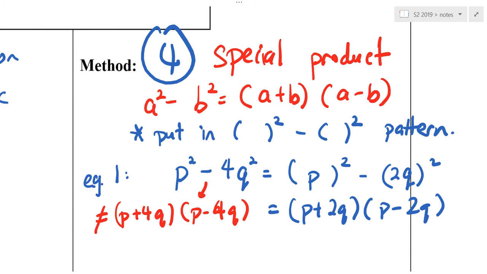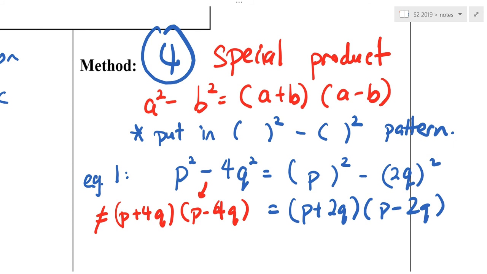It is wrong because the 4, there's no square. So how to make the 4 get squared? Put it inside a bracket. This one only means 4 times Q squared. This one means 2Q times 2Q. So there's a difference. Am I confusing you?